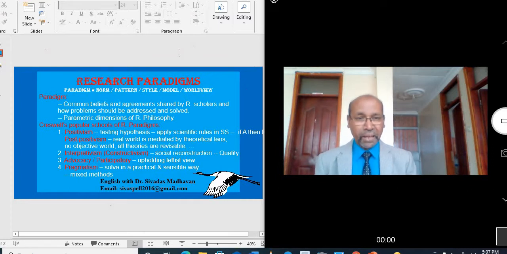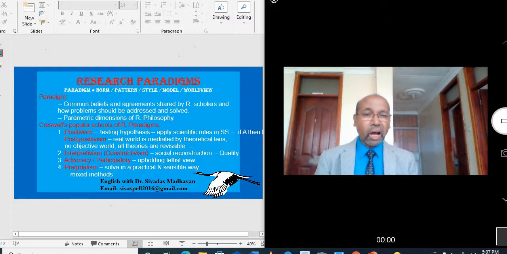In the same way, in research also, there are certain patterns, the world view. Or we can say paradigm is the common belief and arguments shared by the research scholars. Or paradigms show how problems are solved or addressed by the common researchers.